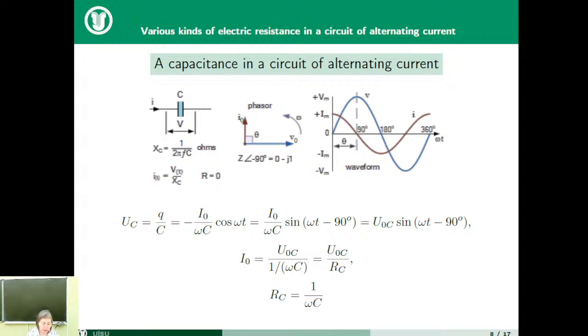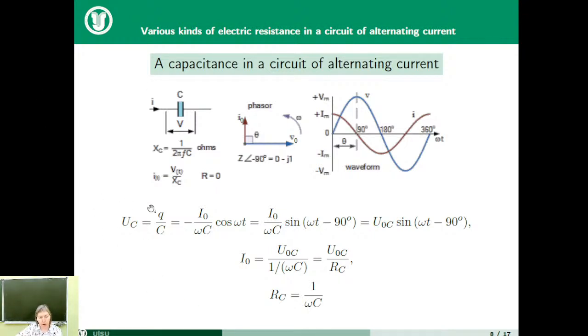The resistance and inductance of the connecting wires can be neglected. Let the current in the circuit change under the law I is equal to I0 sine omega t. The voltage on the plates of the condenser can be presented by the following formula.